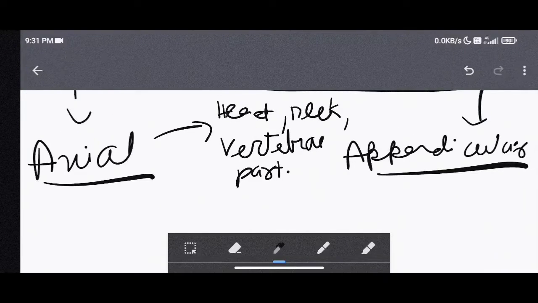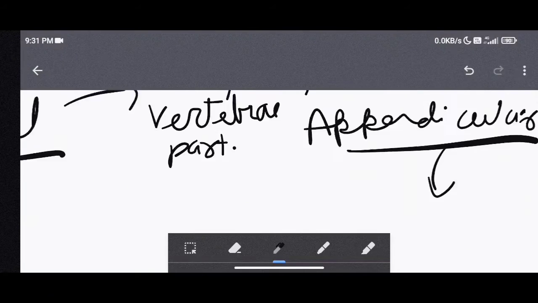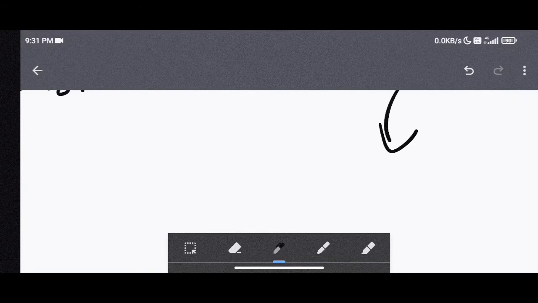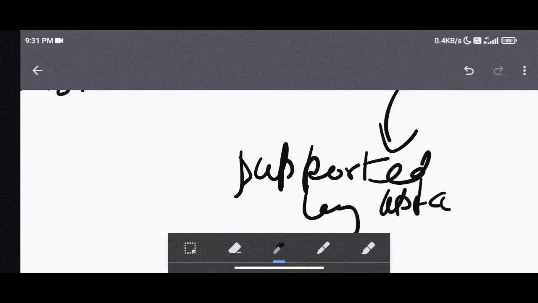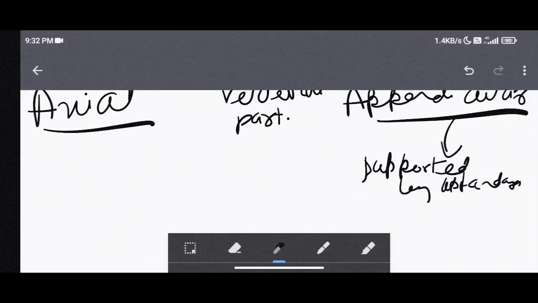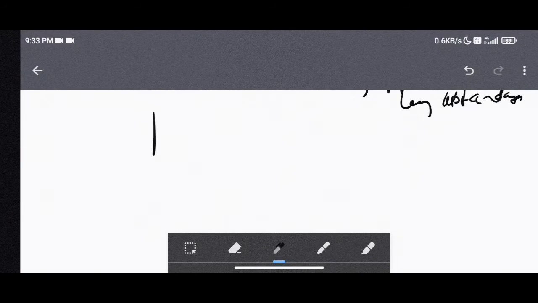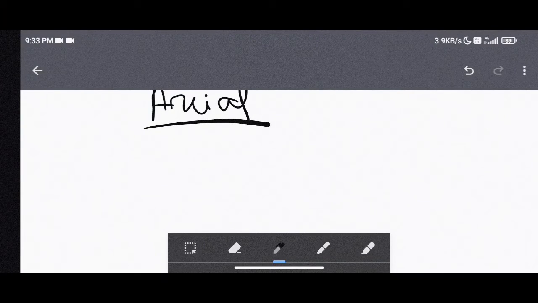Now, appendicular is made of, or supported by, appendages. The axial endoskeleton is divided broadly into four parts.